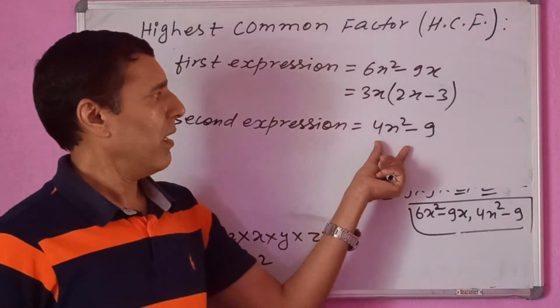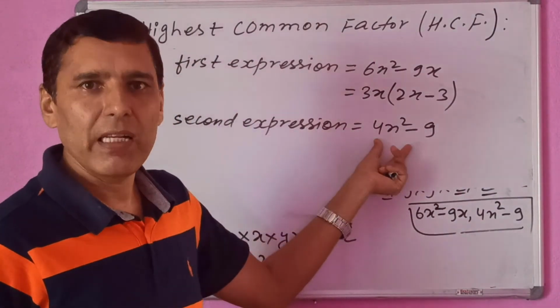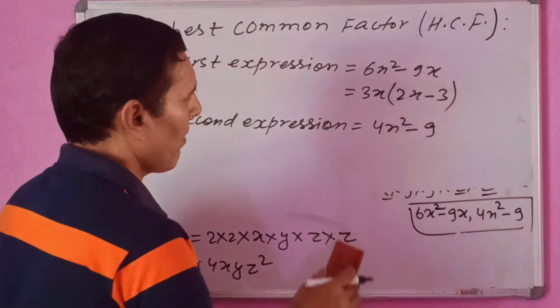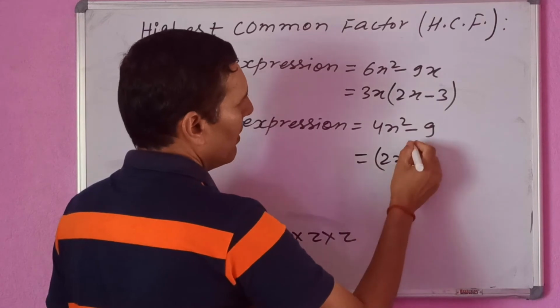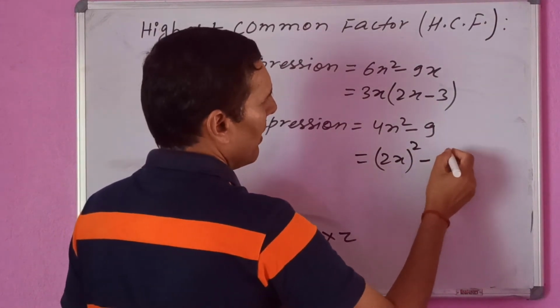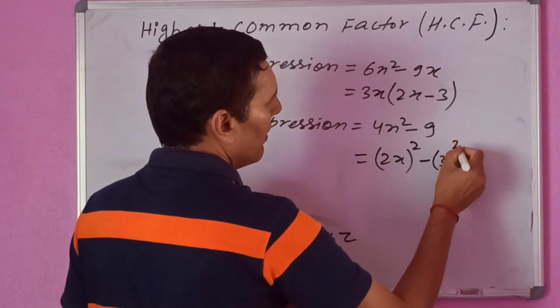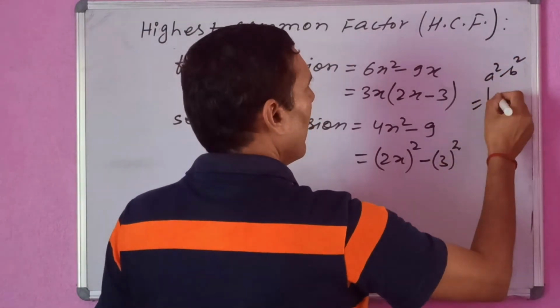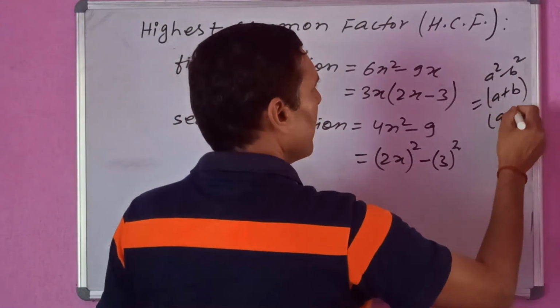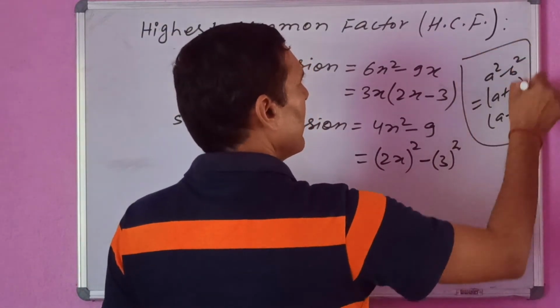You can see this expression is in the form of a square minus b square, because 4x square is the square of 2x, and 9 is the square of 3. So it is in the form of a square minus b square, and it is a plus b times a minus b. We are using this simple formula here.